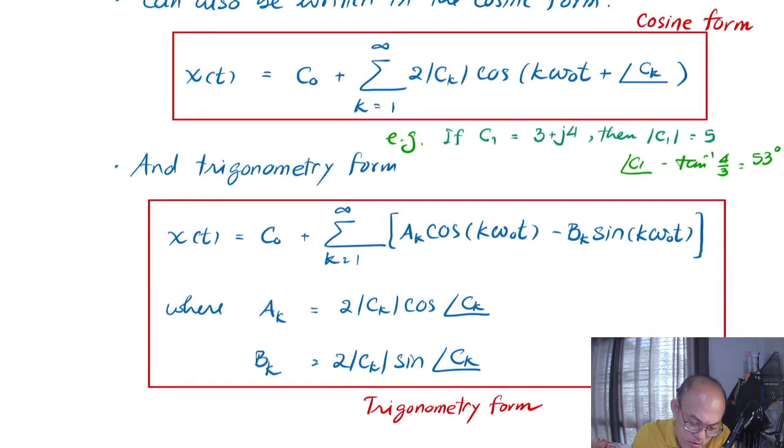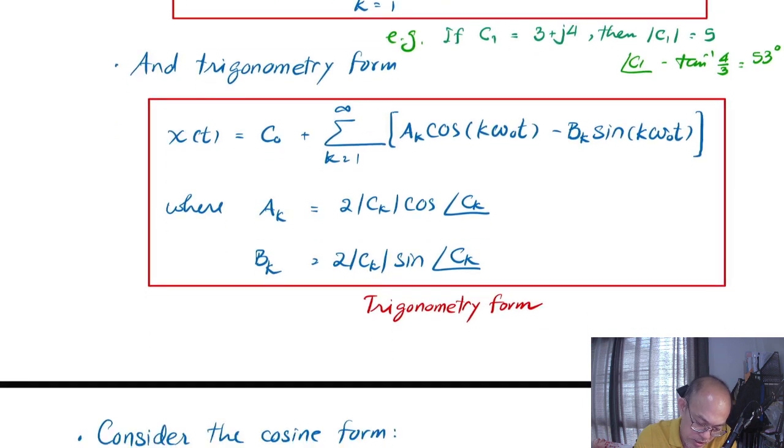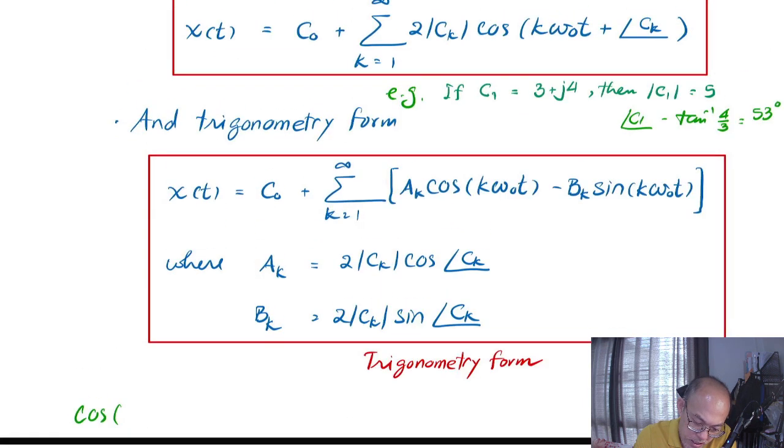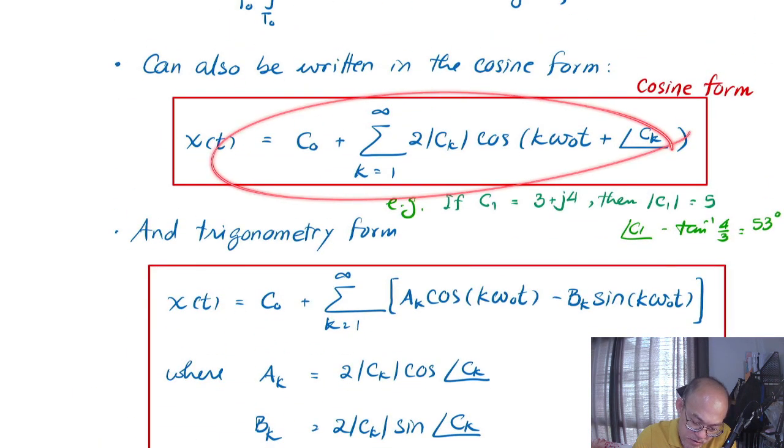We can also break this down using the trigonometric form into the summation of cosine and sine, and this form is called the trigonometric form. You can go from here to here quite easily using cosine of a plus b equal to cosine a cosine b minus sine a sine b. We use this formula to go from here to there.